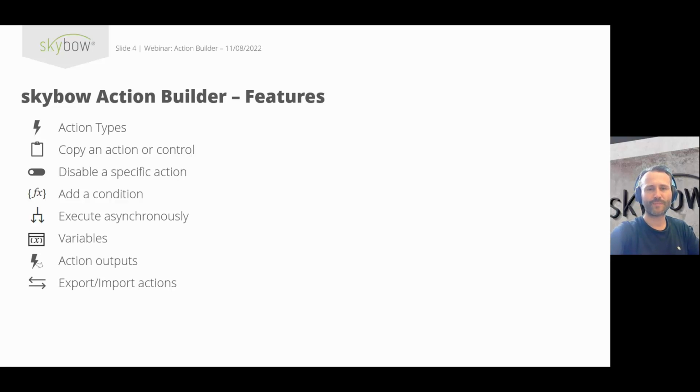You are also able to disable specific actions if you don't need them, and add a condition. Some of the actions can be executed asynchronously, and we also have the option to add variables to use later on in the workflow or to set them later based on some outputs of previous actions.